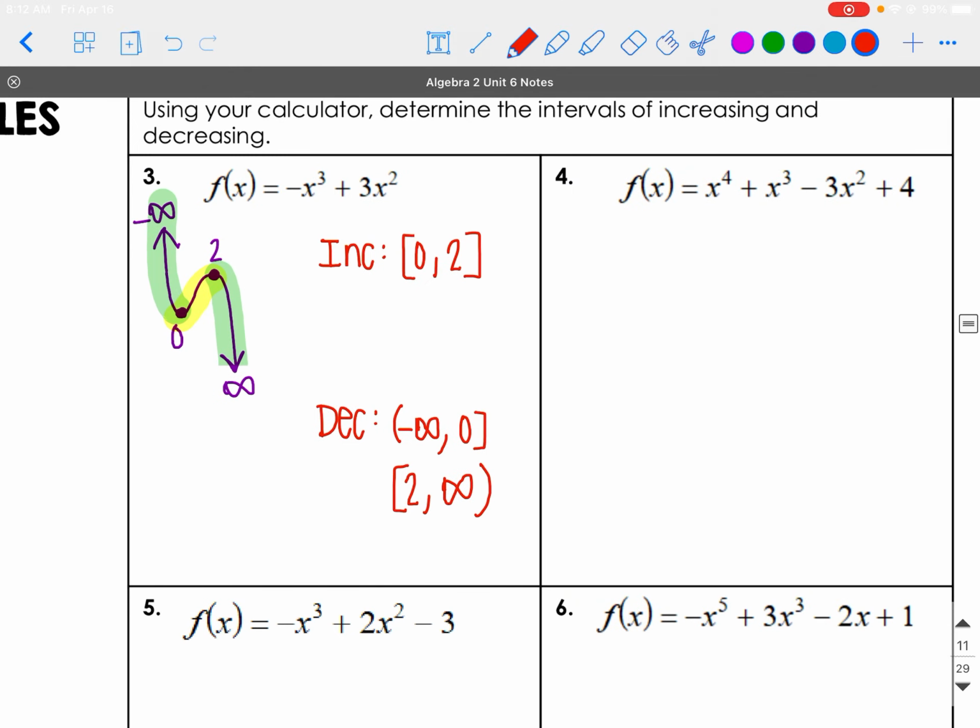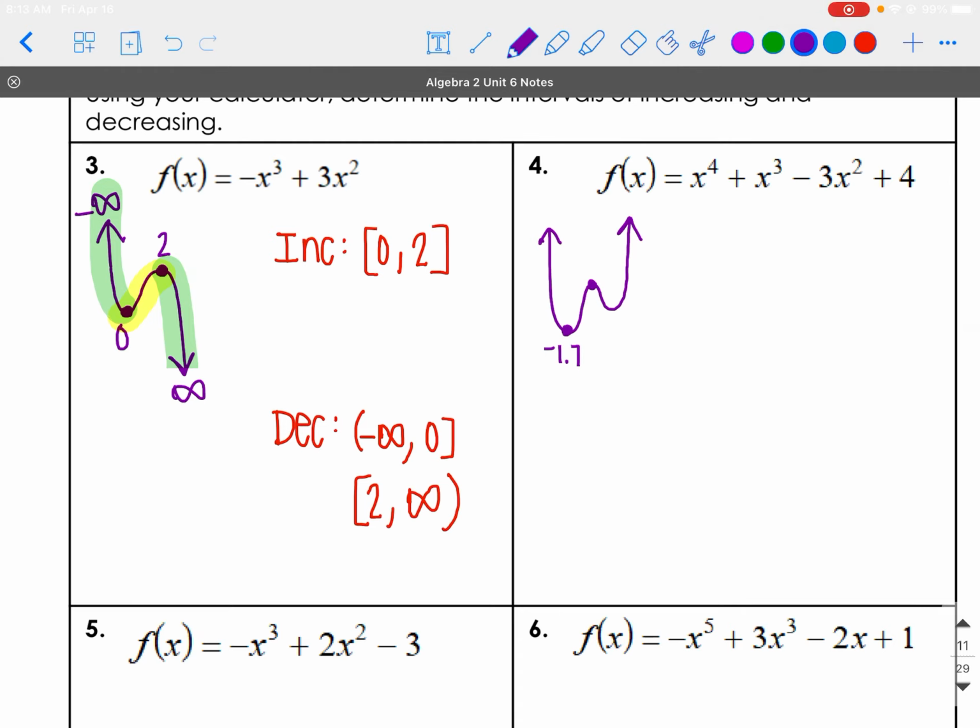Number 4, if I type that equation into my y equals, I will see that the shape looks something like this. And we can find the max and mins, or you could go back and look at them in your notes. This minimum had an x value of negative 1.7.